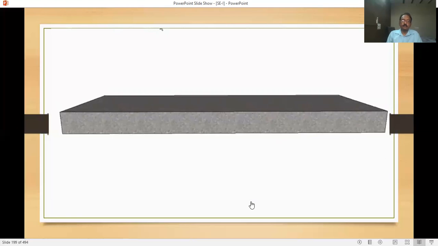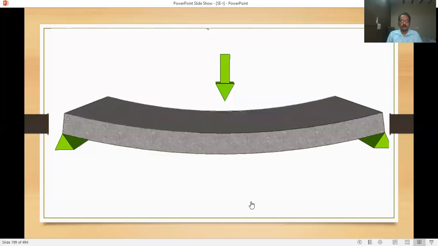But the thing is, our concrete slab is just sitting there. How is it ever going to be placed under compression or tension? What happens, especially with suspended slabs, if the slab's supported on both ends, such as this one, and there's a load placed in the middle, and that could be the self-weight of the concrete or any live loads or dead loads that you're going to put on top of it, then the slab is being pushed or trying to be pushed into that shape.